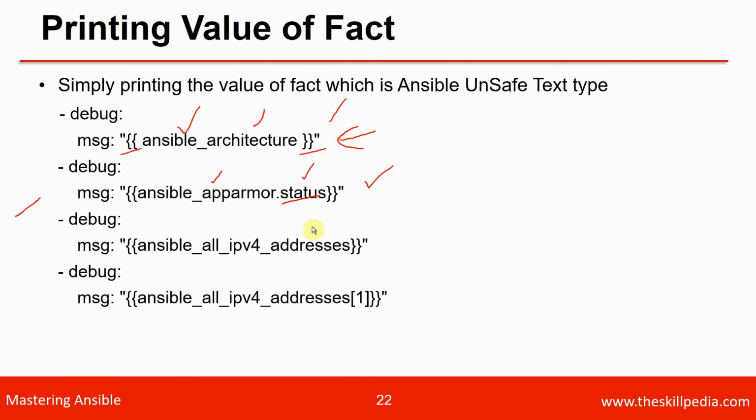If it is a list and you want to print or use all list items, you can use ansible_all_ipv4_addresses, meaning just the name of the list. You don't provide any index. But to get a specific element from the list, like the second element, because the index starts from 0, the second element will be represented by 1. So if you want the second element from the IPv4 addresses, you'll use ansible_all_ipv4_addresses and the index number you want.